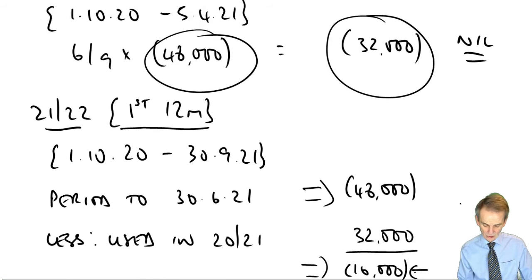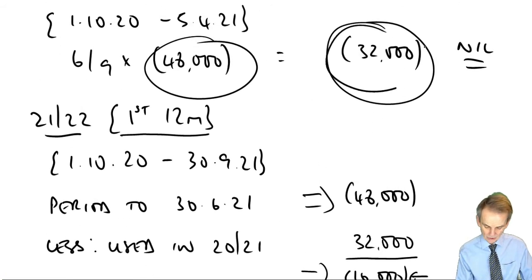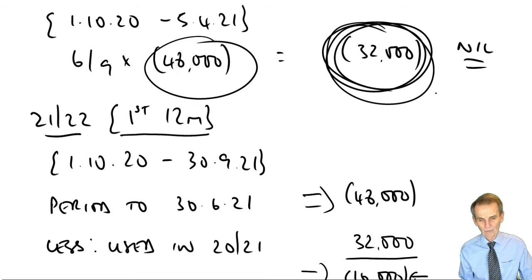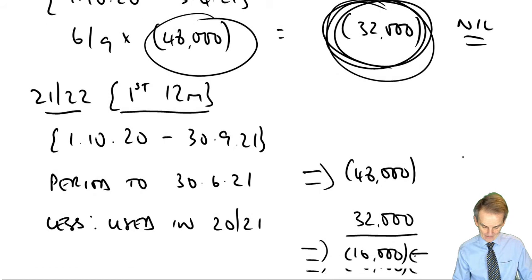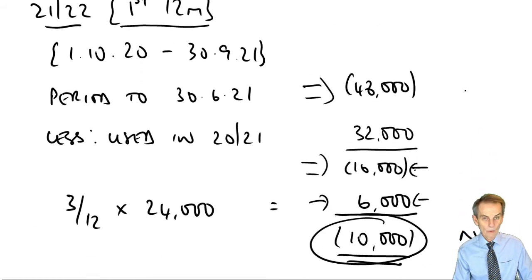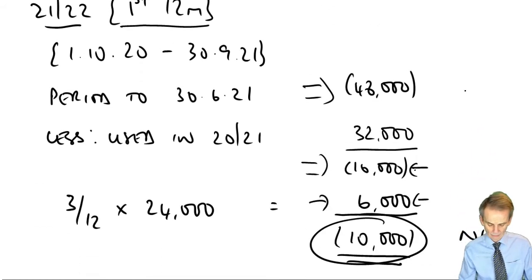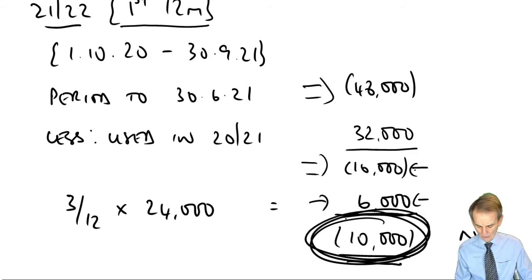So in the first year, 2021, there was £32,000 worth of loss available for relief in the normal way against the total income of the current tax year and or the preceding tax year, carry forward to set off against future trading profits of the same trade. Having used 32,000, we hope, in relation to that first tax year, we then got a further £10,000 worth of loss relief available for 21-22.